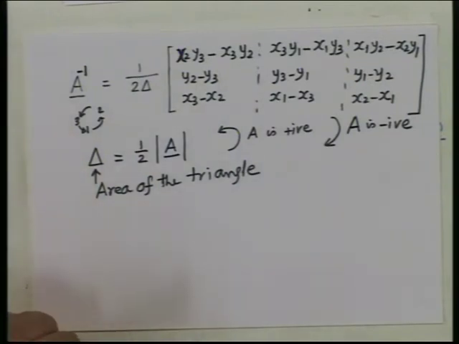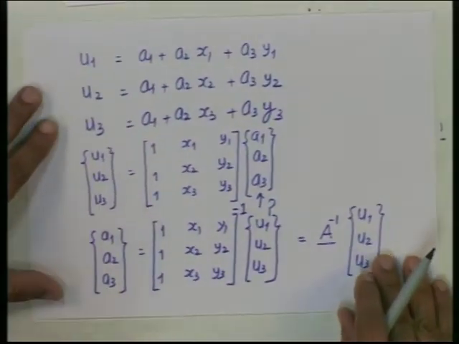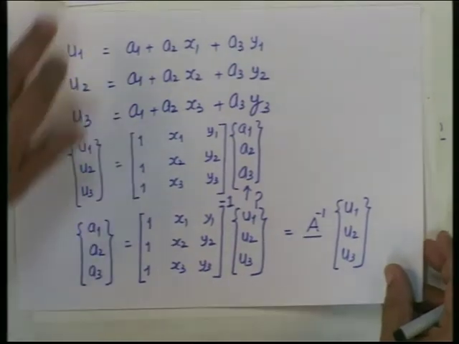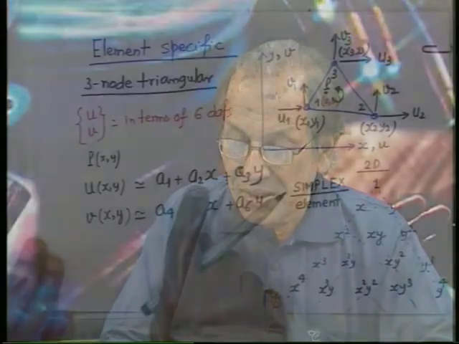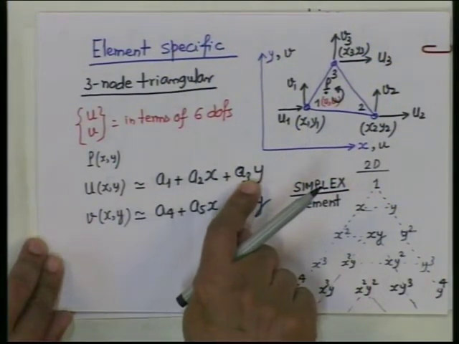So the basic thing is that you can find this and therefore substitute the values of A1, A2, A3. Please substitute the values of A1, A2, A3 into your basic definition of the displacement. Where is the basic definition? It is here: u equals A1 plus A2 x plus A3 y. Substitute these 3 values here. It is quite involved.